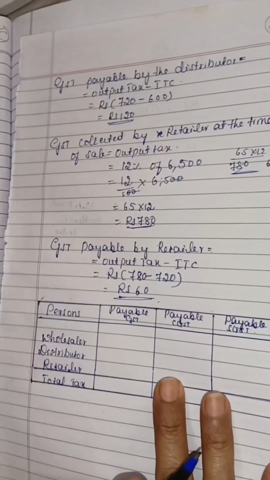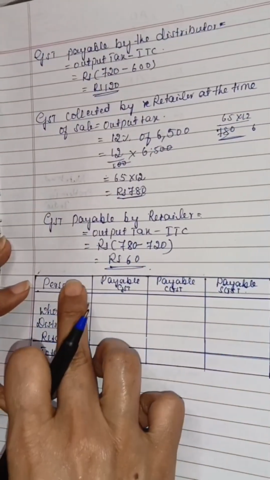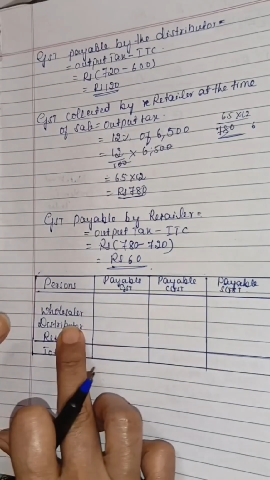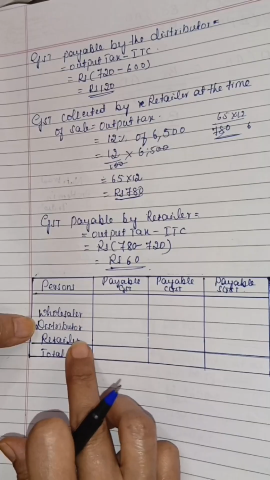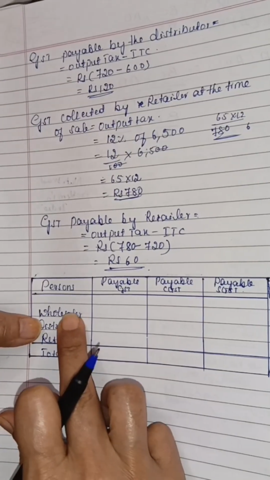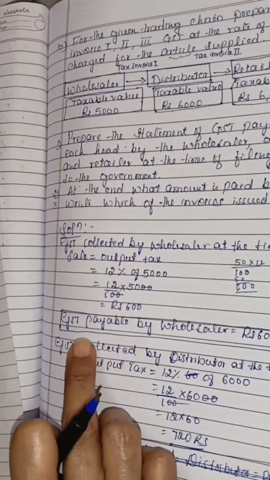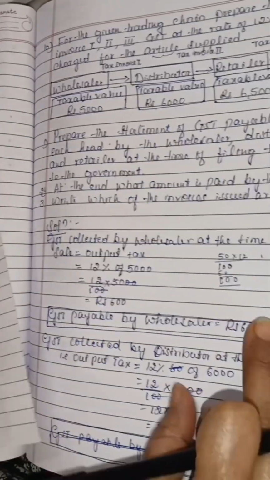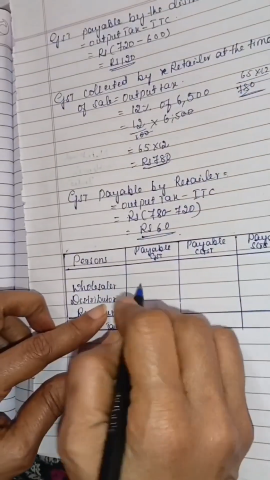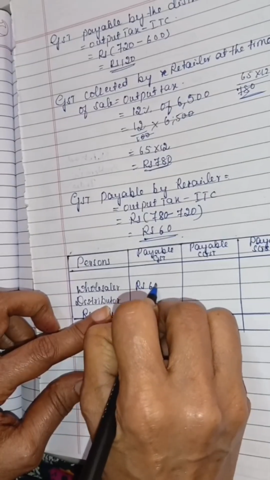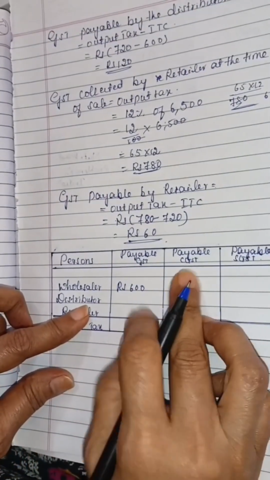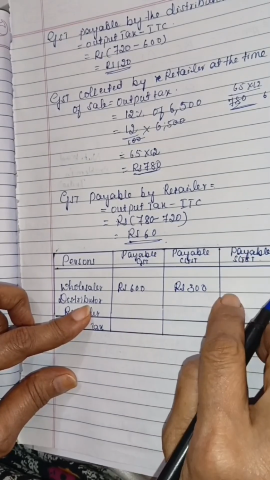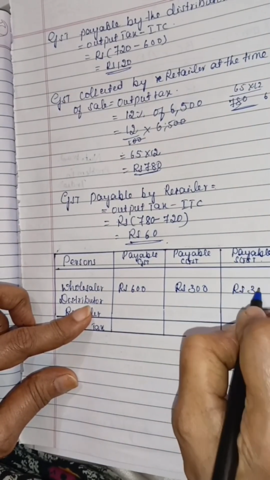See, here is a column. This column shows the persons, then GST payable, CGST payable, SGST payable, for wholesaler, distributor, retailer, then total tax. For the wholesaler, GST payable is rupees 600. CGST is divided by 2, that is rupees 300, and SGST also rupees 300.